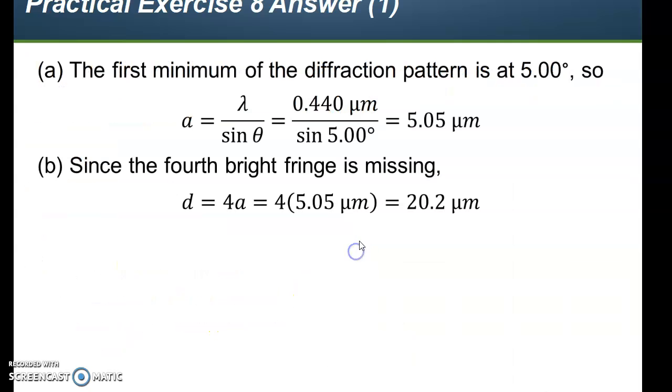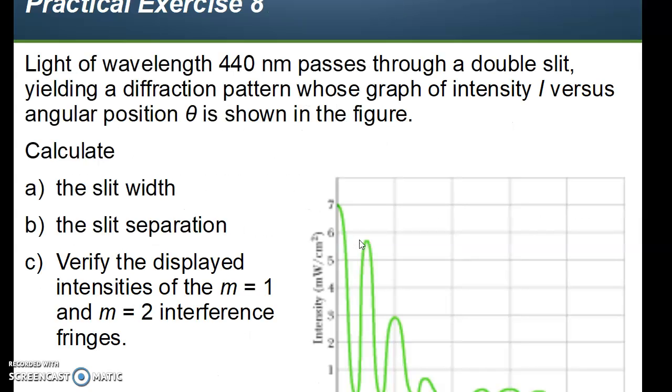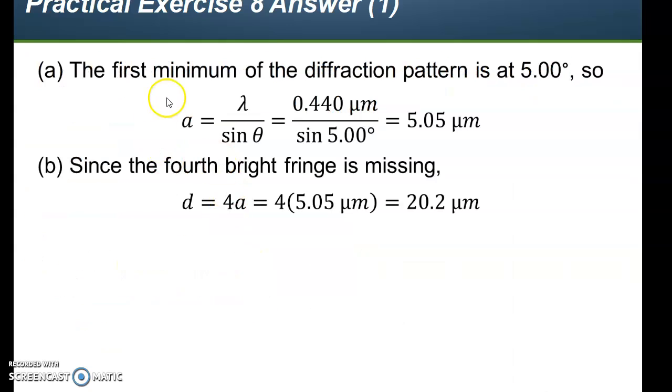In other words, they want you to calculate these intensity values. Now, the first minimum is at 5 degrees, okay? So it means a equals lambda over sine theta, 0.440 microns divided by sine 5 degrees, 5.50 microns, right?